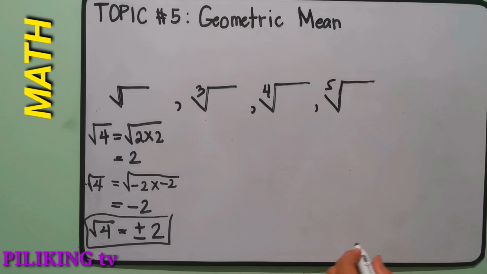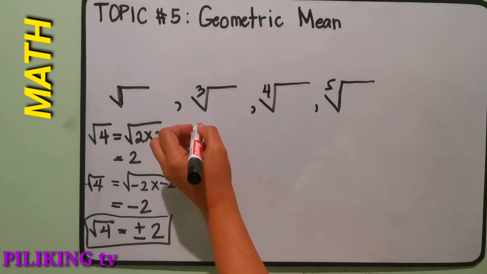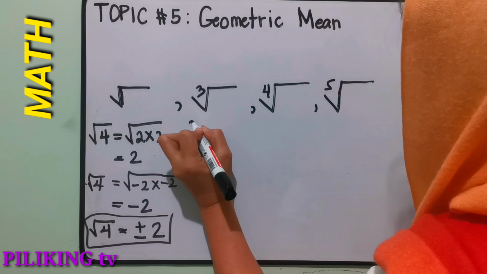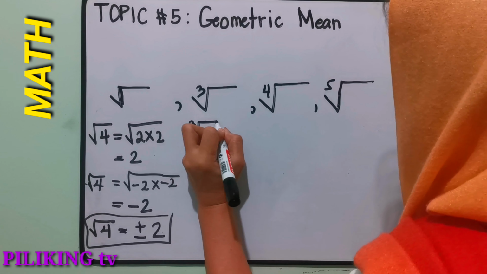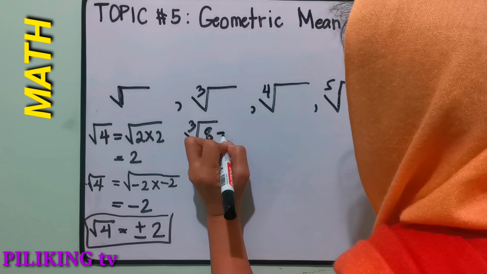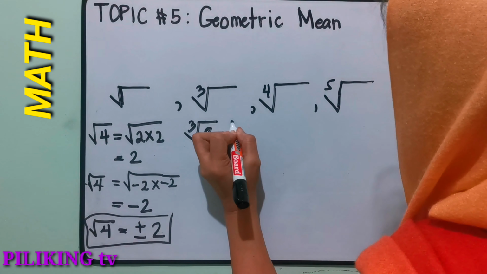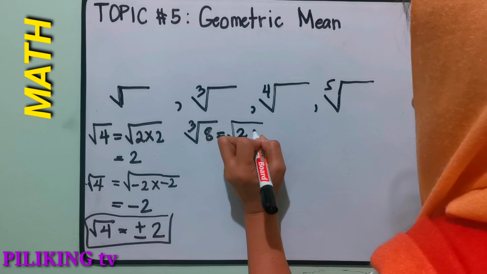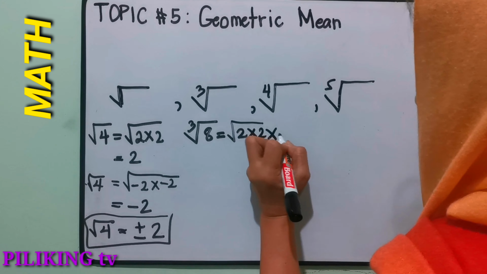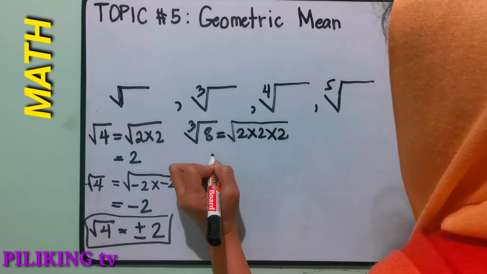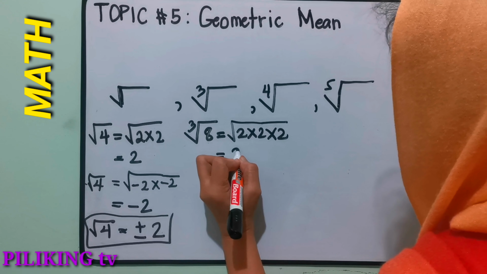Next, let's have an example on the cube root. Let's say you are asked to find the cube root of 8. Think of a number that when you raise to 3 is equivalent to 8. That is equal to the cube root of 2 times 2 times 2. Therefore, the cube root of 8 is equal to 2.